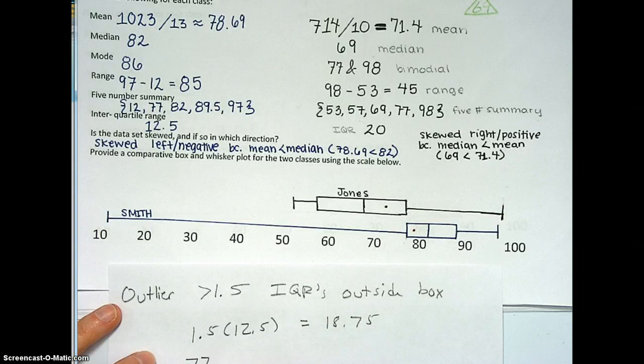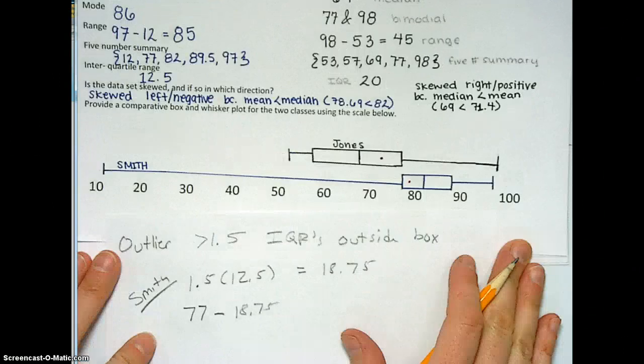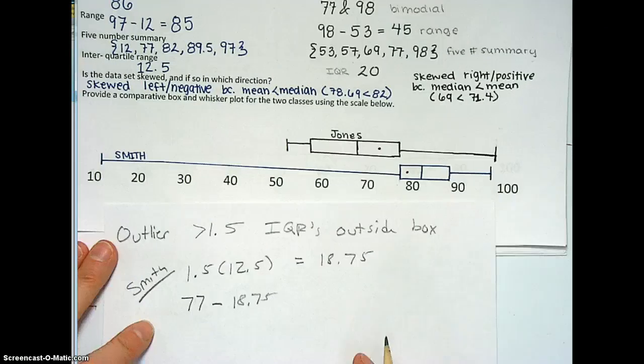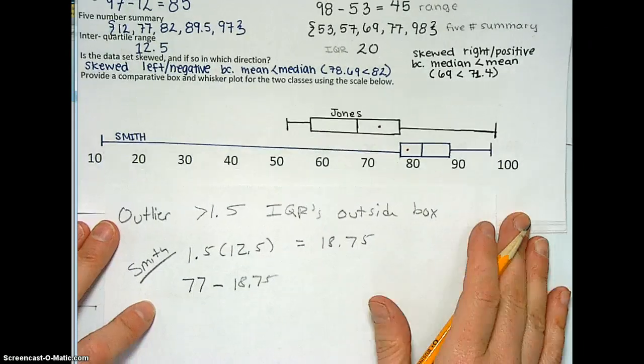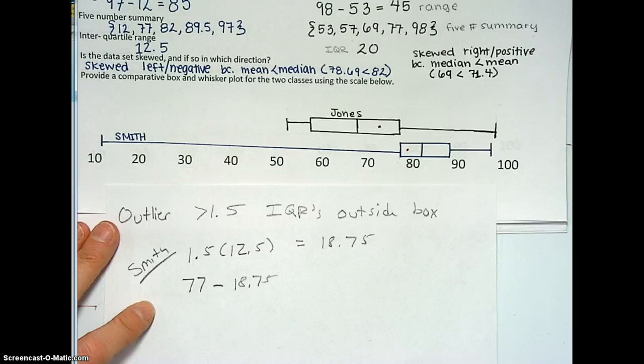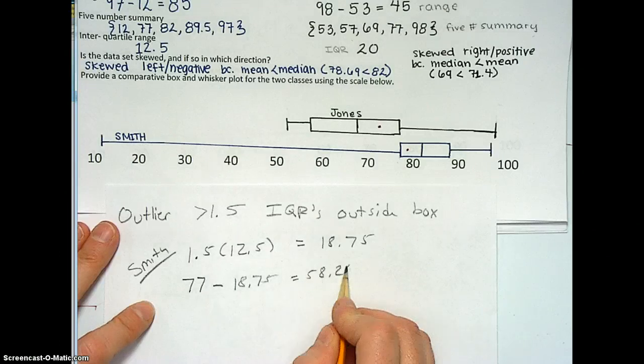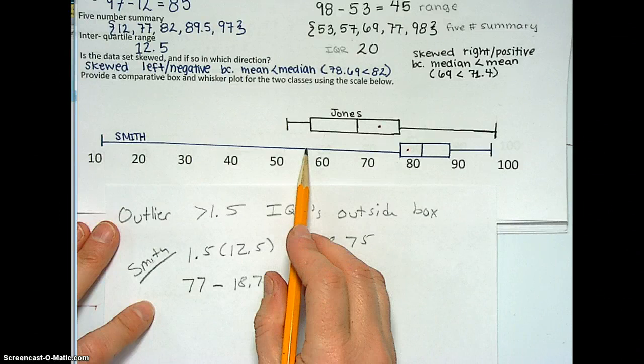So again, here we're doing Smith's class. A 77 minus that 18.75, which you guys can't even see what I'm writing, can you? So 77 minus 18.75 gives you 58.25, which would be right around here on the box and whisker plot.